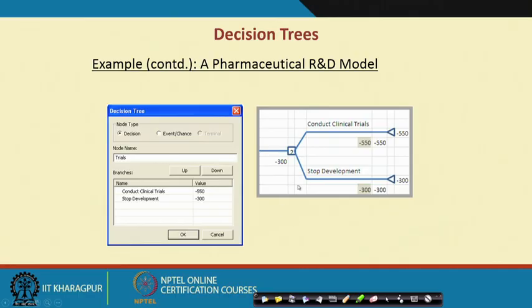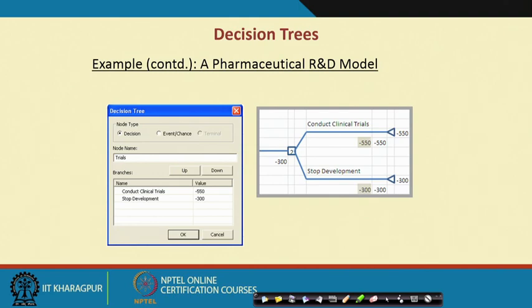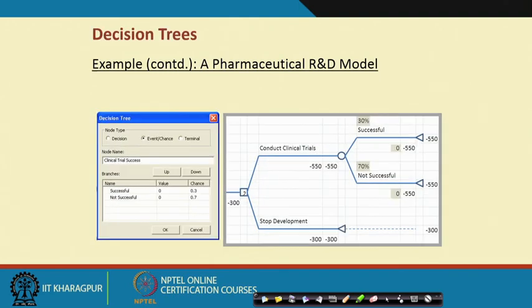So, now with these inputs, the typical decision tree will be like this. Since it is actually three different cases, we can have a concept like this, and then the particular structure can be, let us say, it starts with conduct clinical trials and then stop development. So, this is how the starting process is.